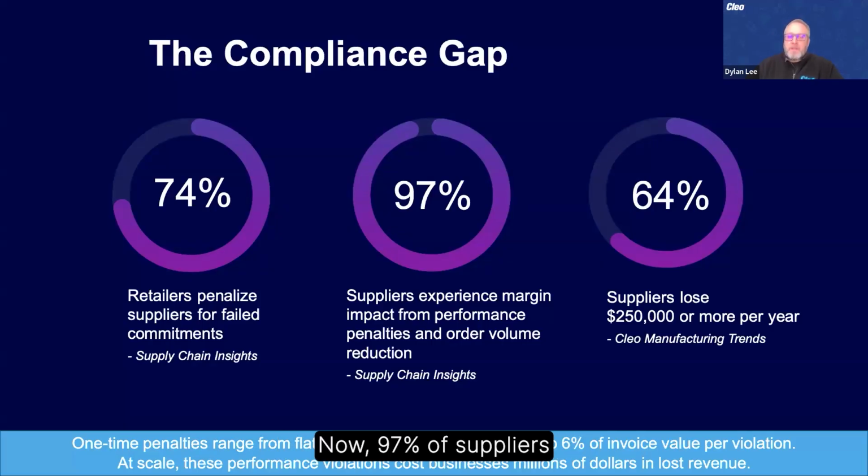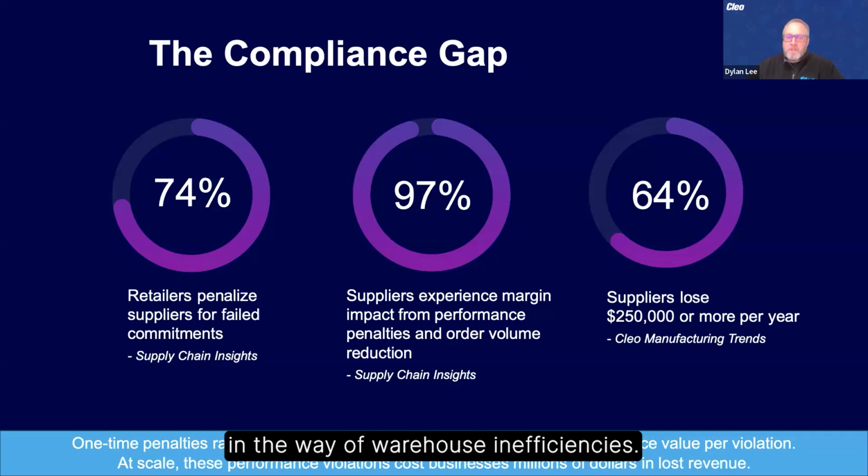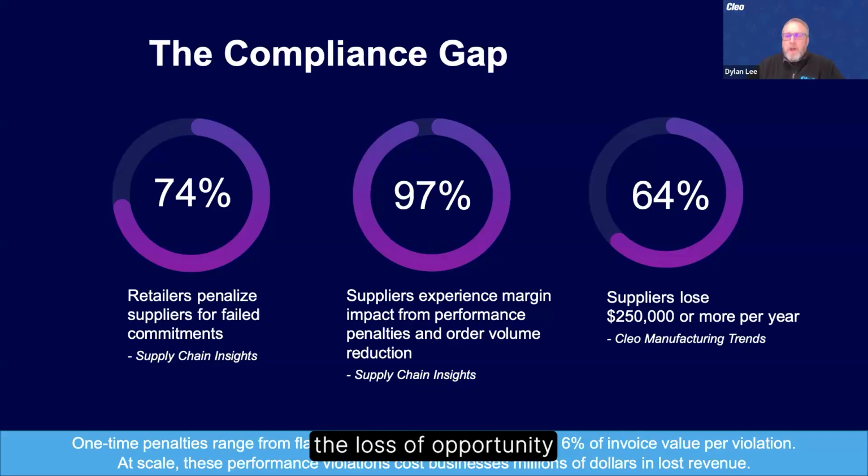Now, 97% of suppliers feel it more than just the direct impact. They're experiencing margin reduction. They're experiencing revenue leakage from not just the chargebacks, but also some of the indirect impacts. This could come in the way of order reductions. It could come in the way of warehouse inefficiencies. You could experience it because of the loss of opportunity to grow revenue and grow your relationship with your key customers.